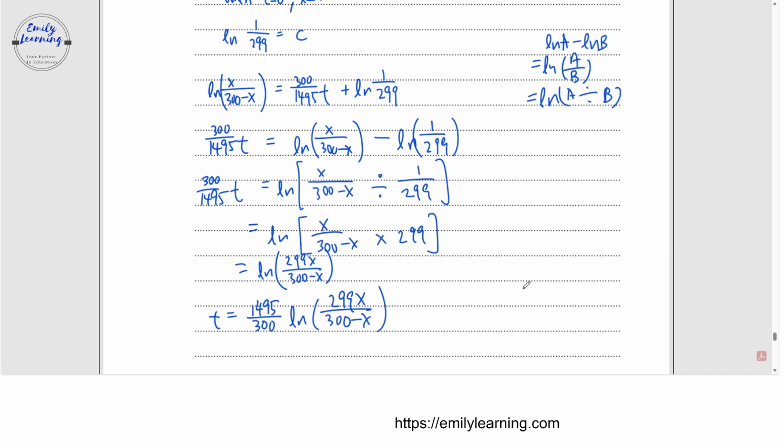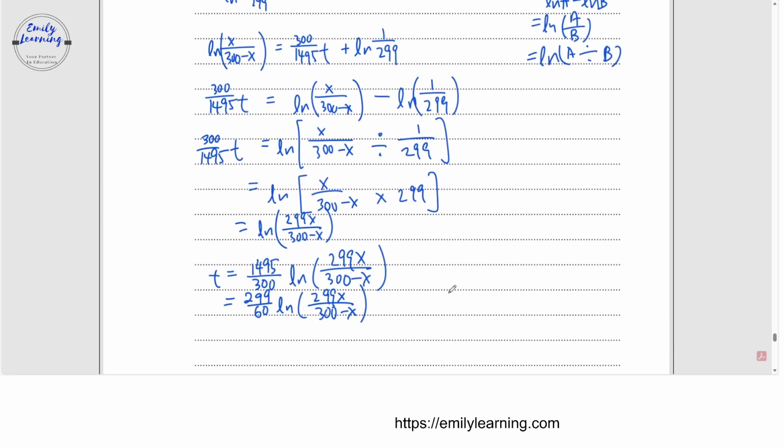But before that, let's type 1495 over 300 into the calculator to see whether it can be further simplified. And yes, it can be further simplified because both of them can be divided by 5. So it's 299 over 60 ln of 299x over 300 − x. So this is the answer for this question.